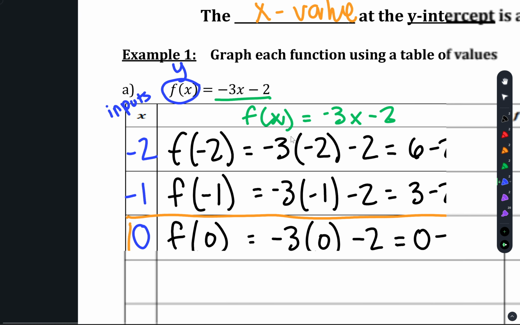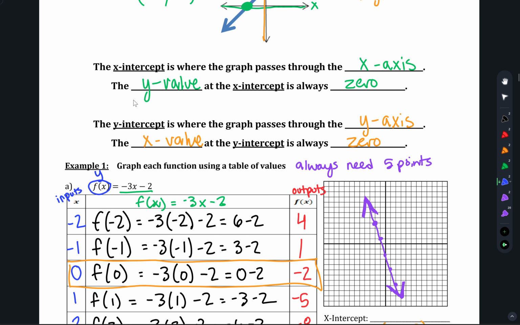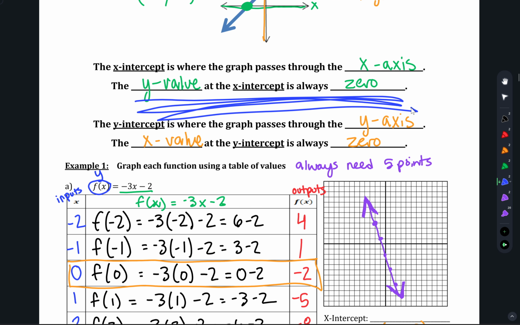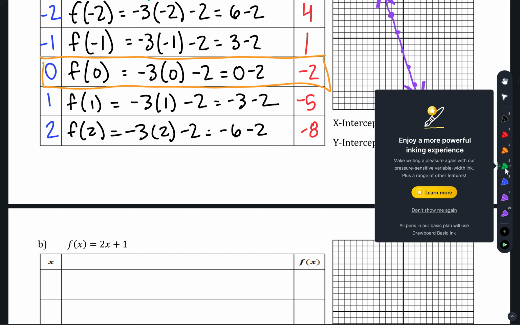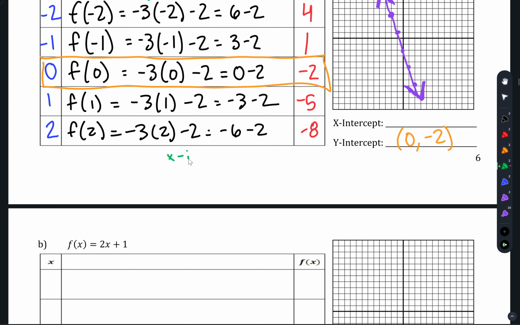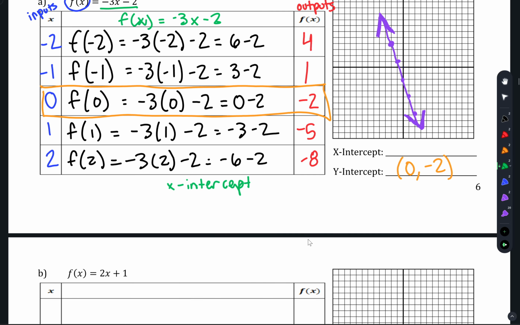So I'm going to replace that y value with 0, because when the y value is 0, that's where we get our x value on the x-axis. Let's do our x-intercept. Our equation is f of x equals -3x minus 2. I'm going to plug in 0 for f of x, so 0 equals -3x minus 2, and I'm going to solve for x.